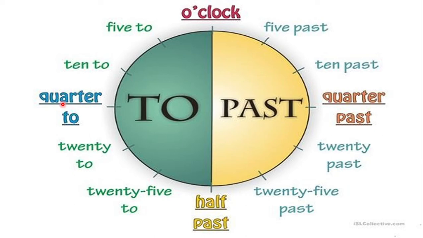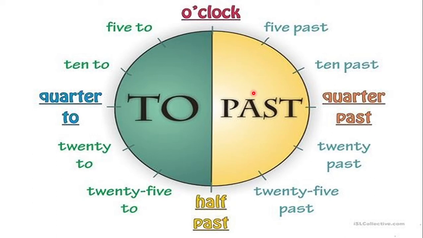But on the left part, we say quarter to. On the right part, we say 20 past. On the left part, we say 20 to. On the right part, we say 25 past. But on the left part, we say 25 to. And here we have half.